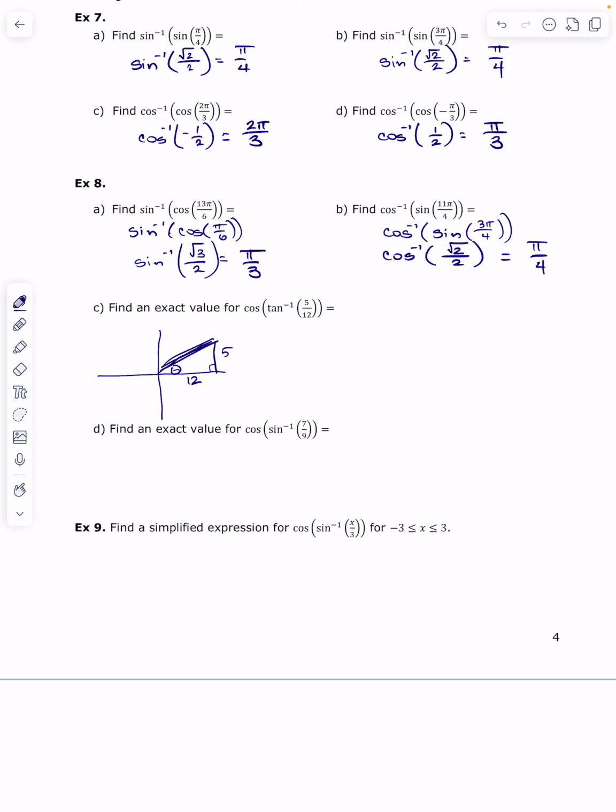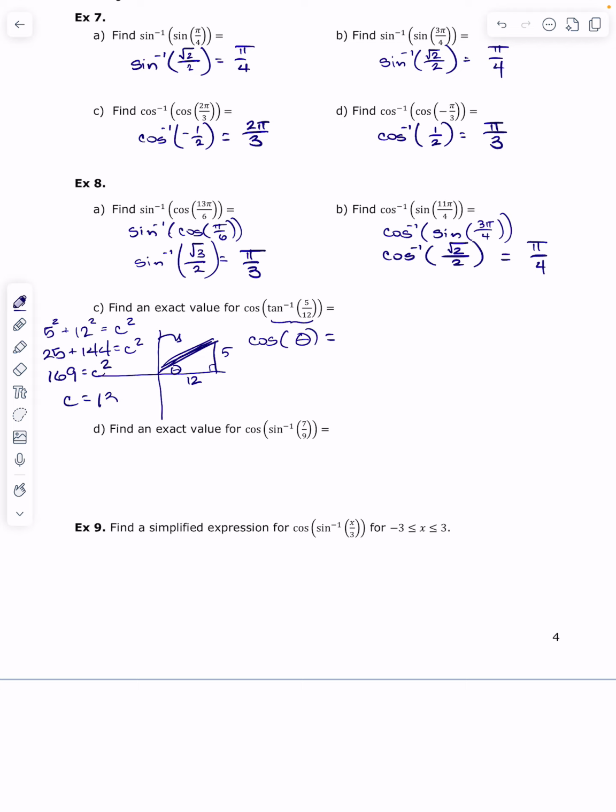I can now find the length of the hypotenuse. I don't know what this angle value is, so I am just calling it theta, because I just need the placeholder. It doesn't really matter if I know what that angle is. In order to find the cosine of theta, I do need this hypotenuse. So I have got 5 squared plus 12 squared equals c squared. 25 plus 144. 169 is c squared.